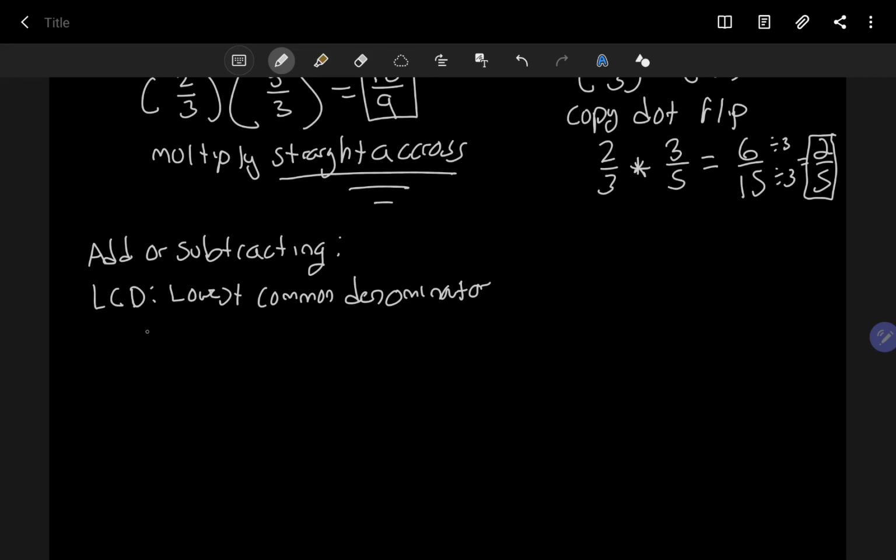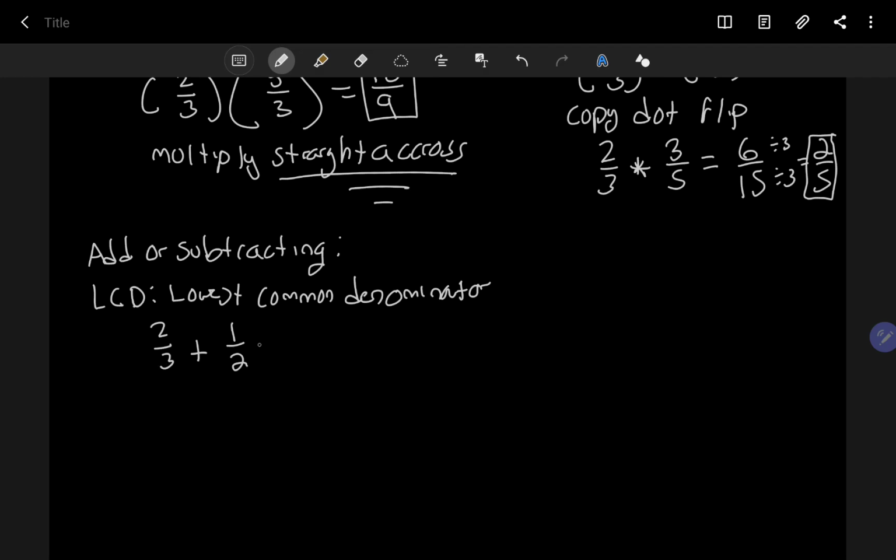So for example, if I had 2 over 3 plus 1/2, I need to find the number that they both have in common. The number that I could make them into the same, which would be 6.